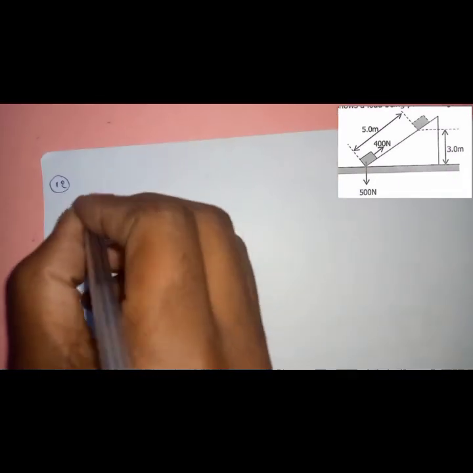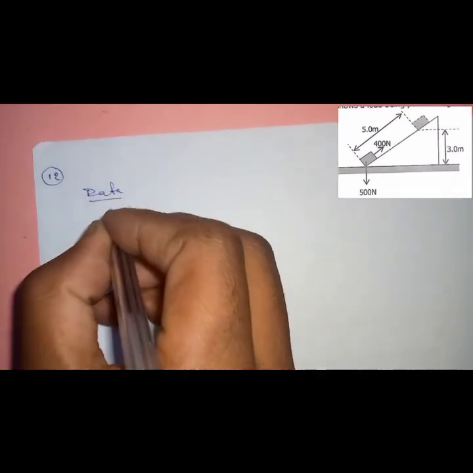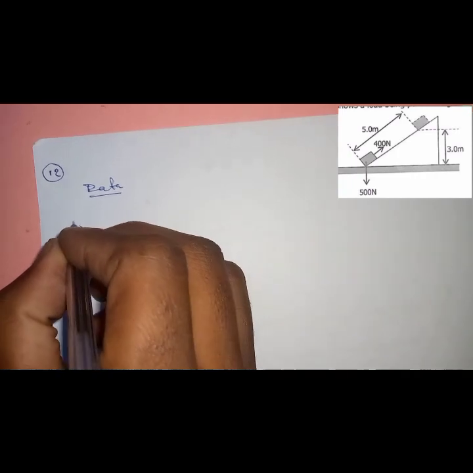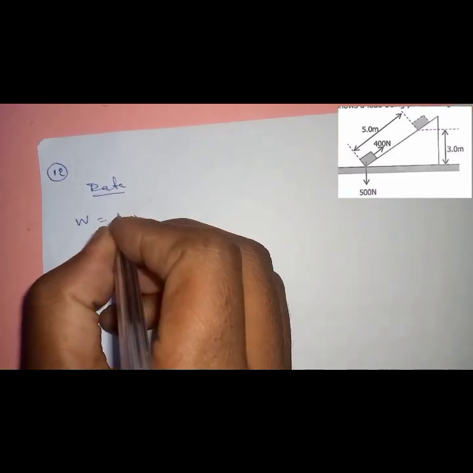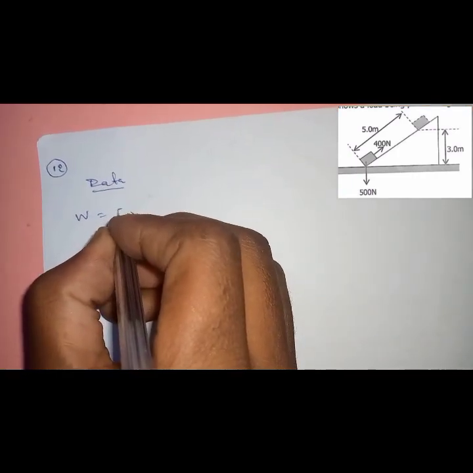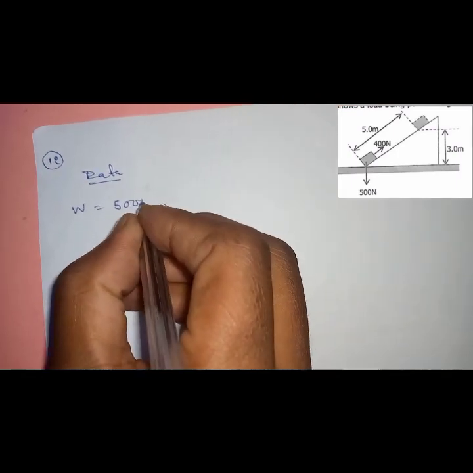So number 12, we have that diagram there, and it's clear. Just to collect the data from the same diagram, I have what I'll call weight, that downward force there, which is 500 newtons.